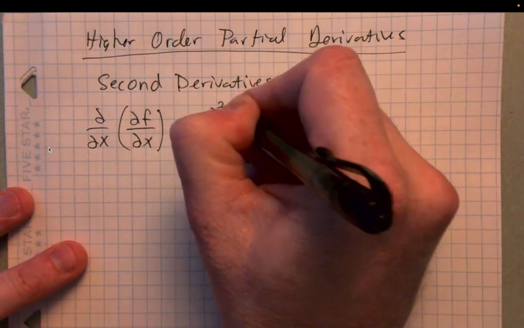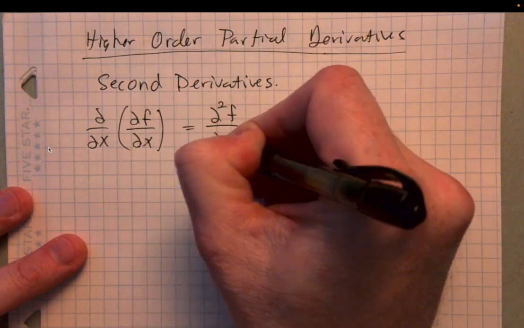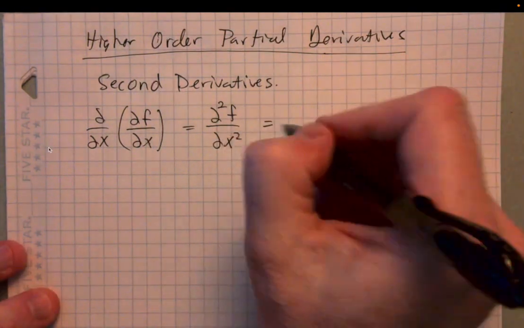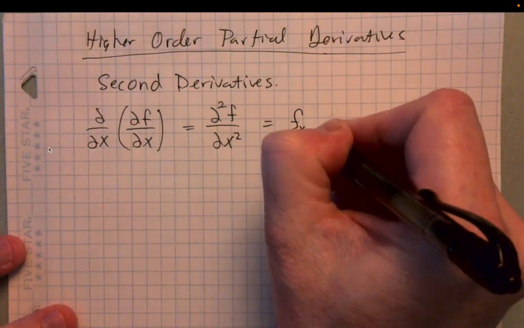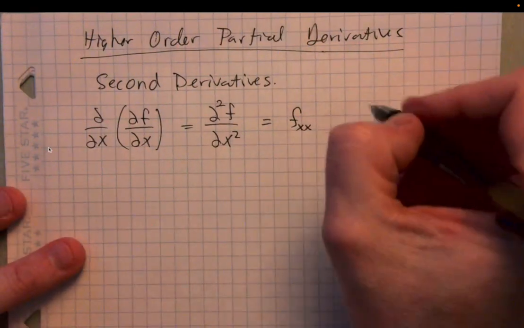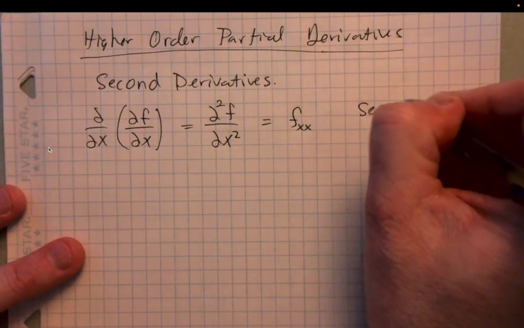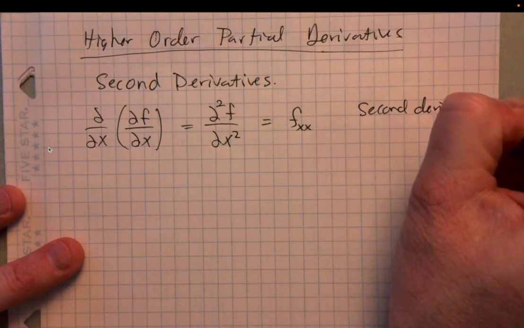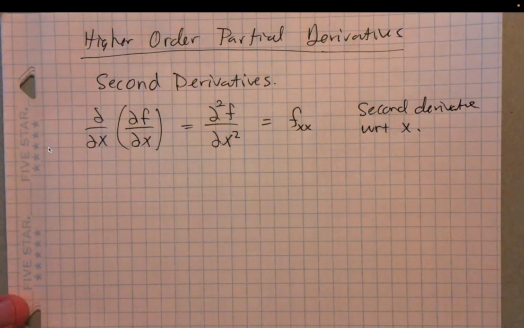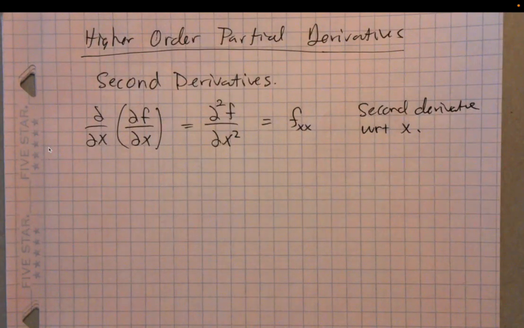It's notated like this, and another common way to write it is f with double x subscripts. Basically you just do it twice, just like with a regular derivative.